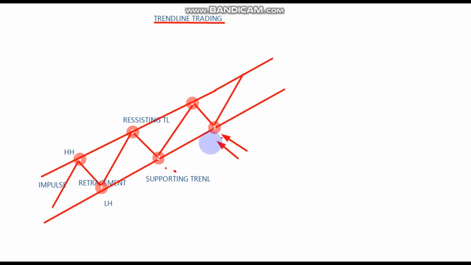You can take a buy, set your take profit around here, and maybe you set your stop loss around here, and you take profit around this region.